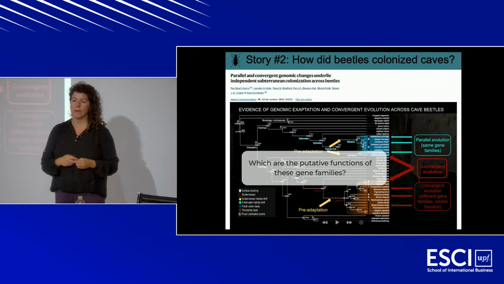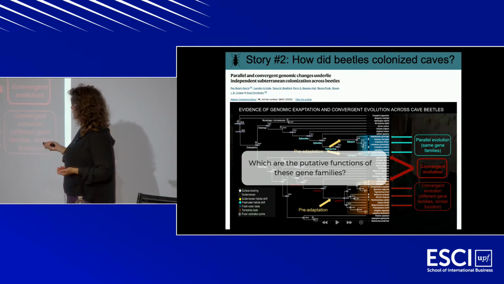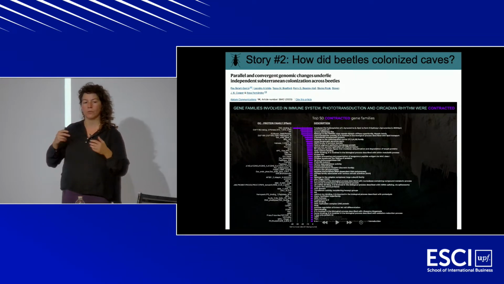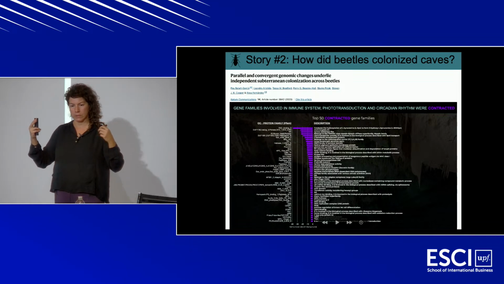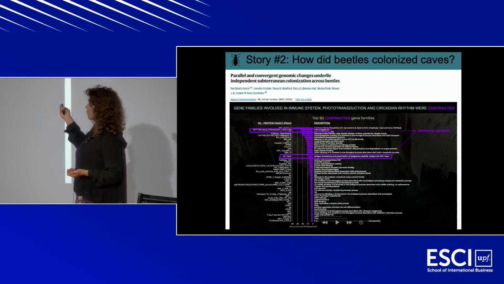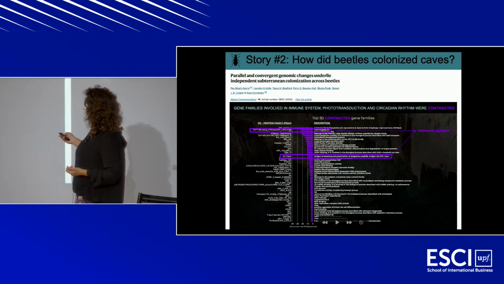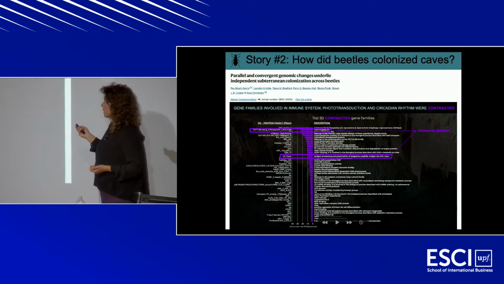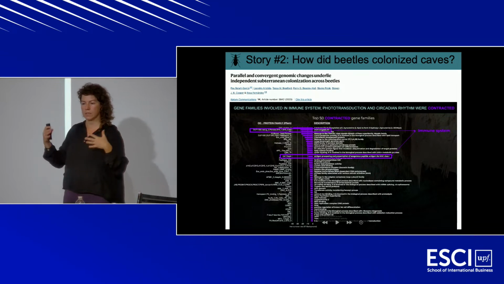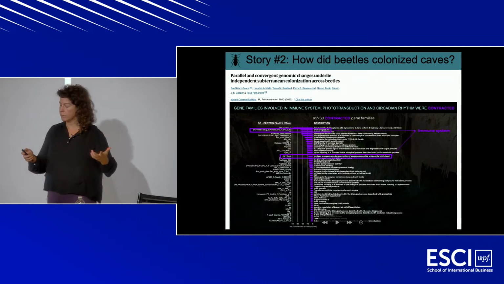So just to give you a glimpse of the putative functions of these gene families, what we observed is that most of the families that were expanded, so new genes doing potentially new things, or contracted, that were lost, were involved in the immune system, which makes sense because you are exposed to different viruses, bacteria, fungi, etc., in caves compared to surface, right?